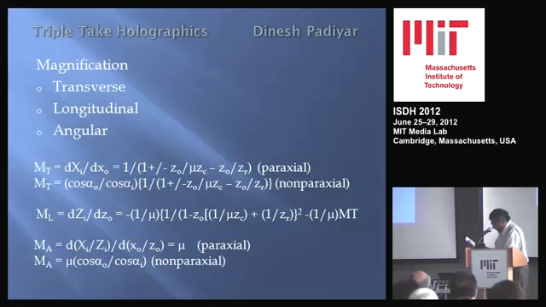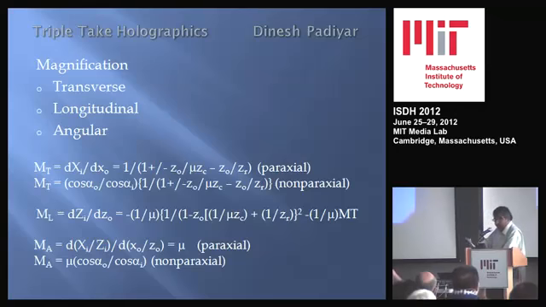For longitudinal magnification, in conventional imaging, the longitudinal magnification is the square of the lateral magnification. In holography, there is a 1 over mu factor here, which shows that even if you change the wavelength, even if the transverse magnification is unity, there will always be a change in the size longitudinally.